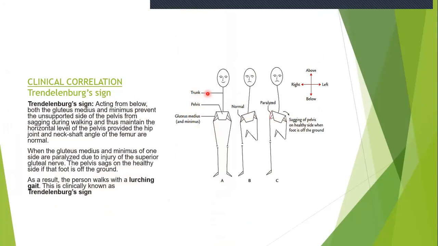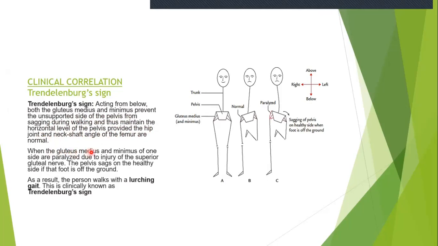Now let's look at the clinical correlation. We have something known as Trendelenburg's sign. Remember gluteus medius and minimus, we said they are hip abductors. When acting from below, both gluteus medius and minimus prevent the unsupported side of the pelvis from sagging during walking and thus maintain the horizontal level of the pelvis, provided the hip joint and the neck-shaft angle of the femur are normal.